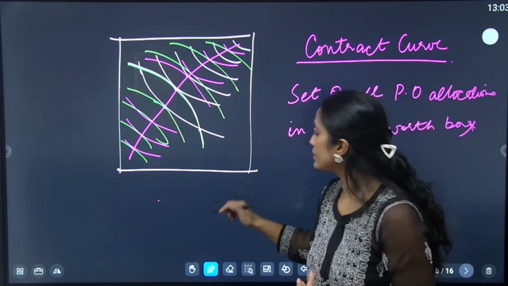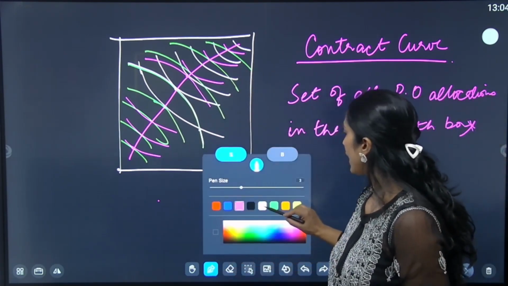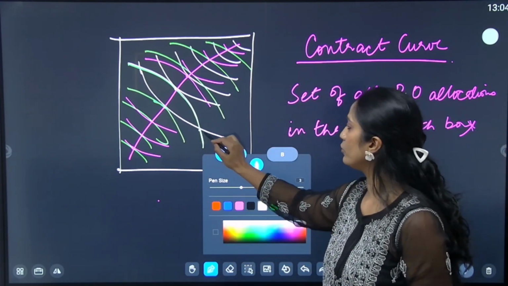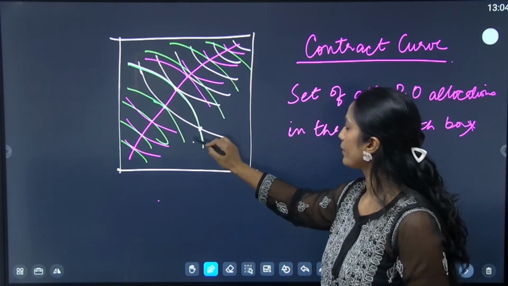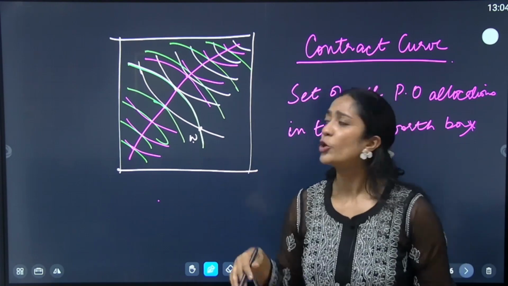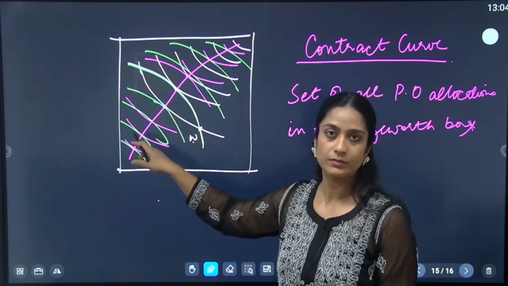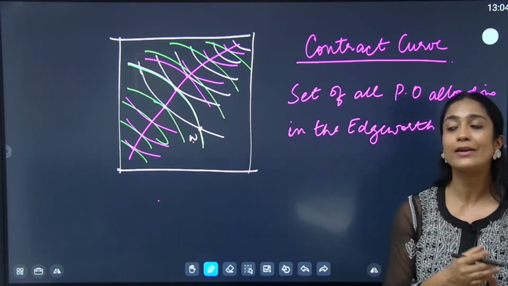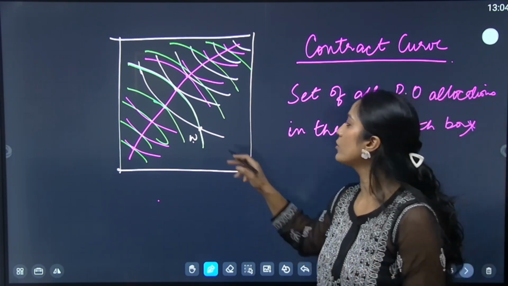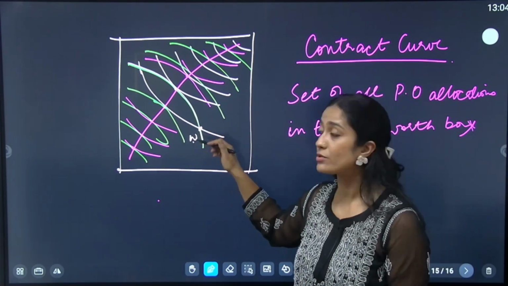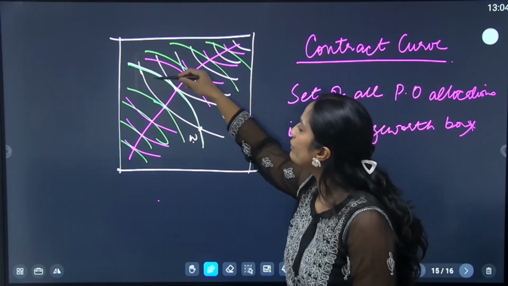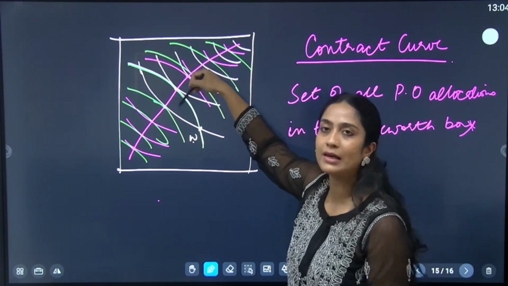Now, of course, if you start at a point like W over here, you will not end up at a point like here. So your final point where you will actually end up depends on your initial allocation. If you start here, you will only be moving to points that are within the lens, right?